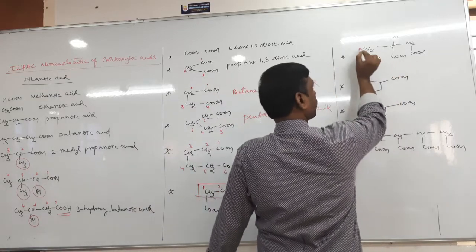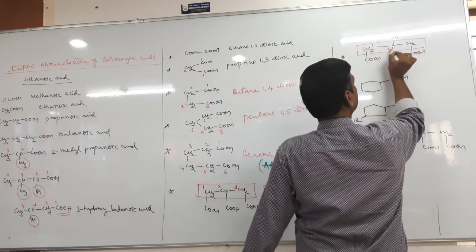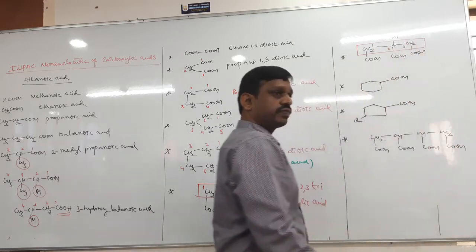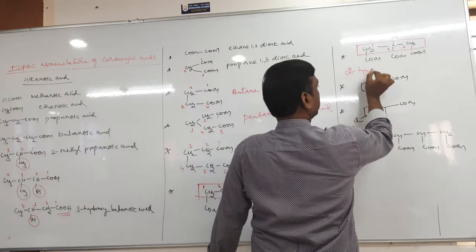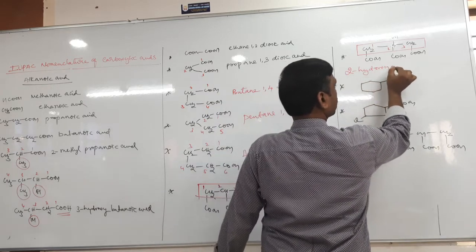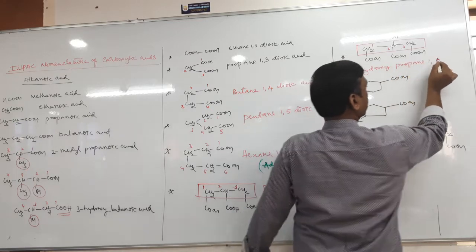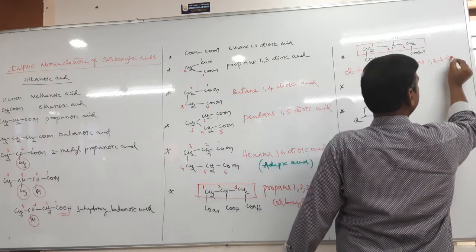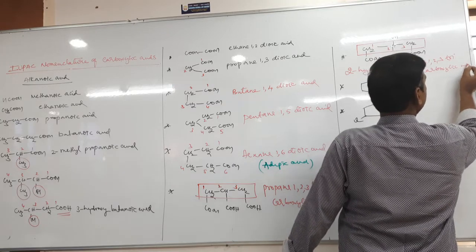It is also the same. Take this as the parent chain 1, 2, 3. So which hydroxy? 2 hydroxy propane 1, 2, 3 tricarboxylic acid.